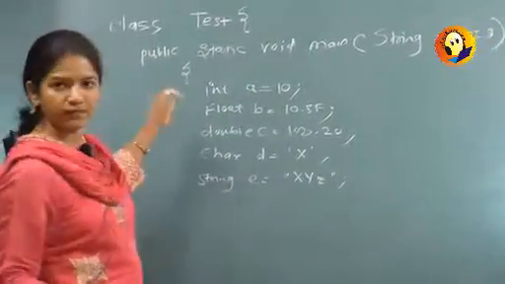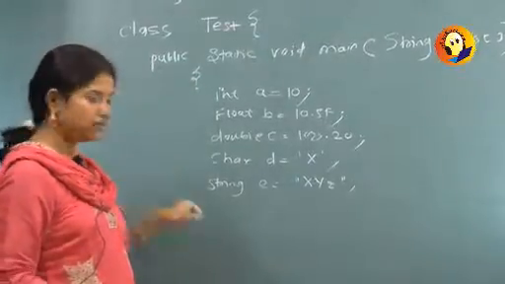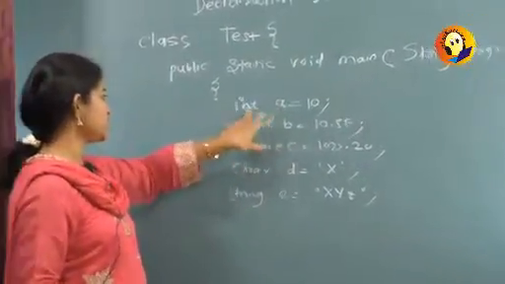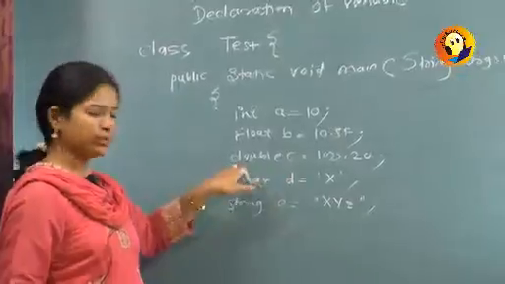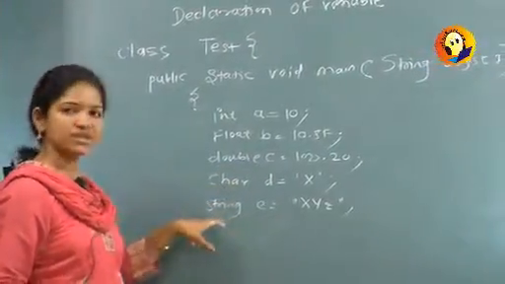So these are various variables of different data types. A is of integer type, B is of float type, C is of double type, D is of character type, and E is of string type.